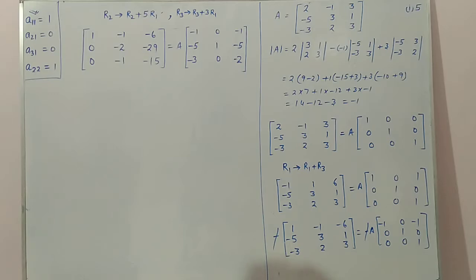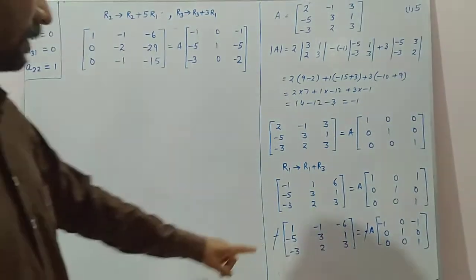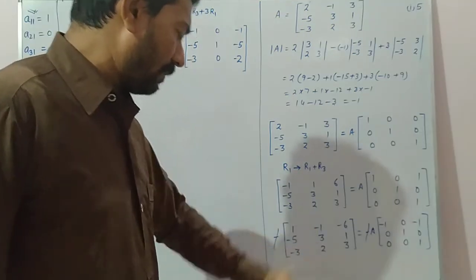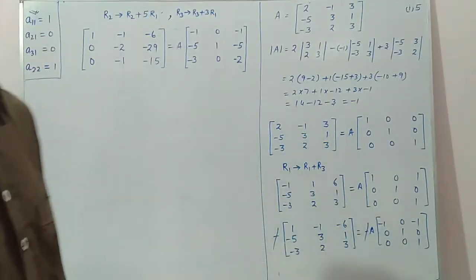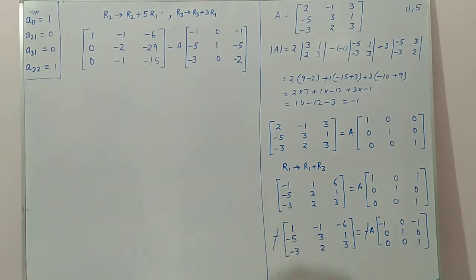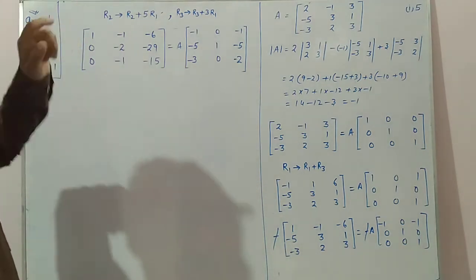Right hand side 1 minus 1, 0 minus 1 minus 5, 1 minus 5 minus 3, 0 minus 2. So what I have told is that here we have taken minus 1, and to make this one 0, R2 changes to R2 plus 5R1, this will be 0, and R3 changes to R3 plus 3R1. Two operations I am doing at once so that it may save time. Next. So target is fulfilled here, 1, 0, 0.